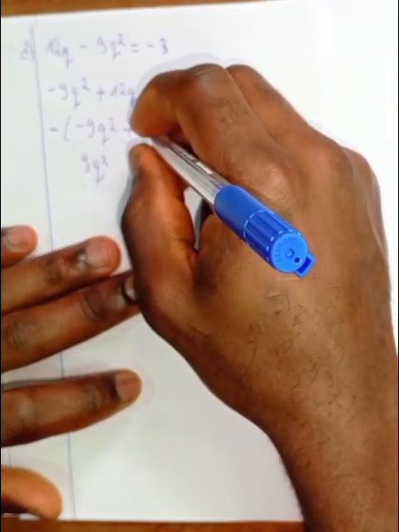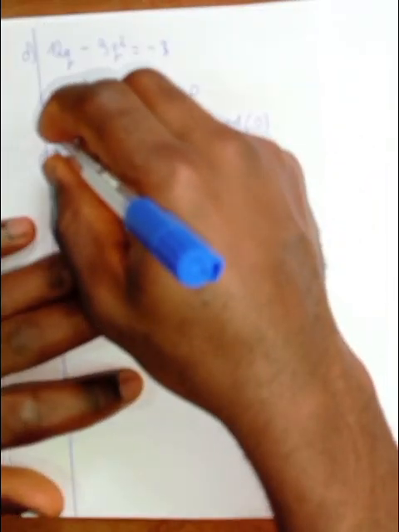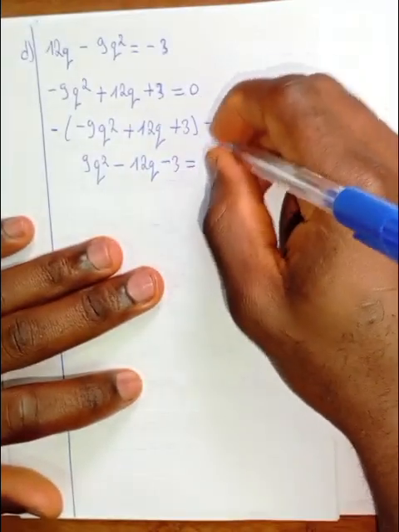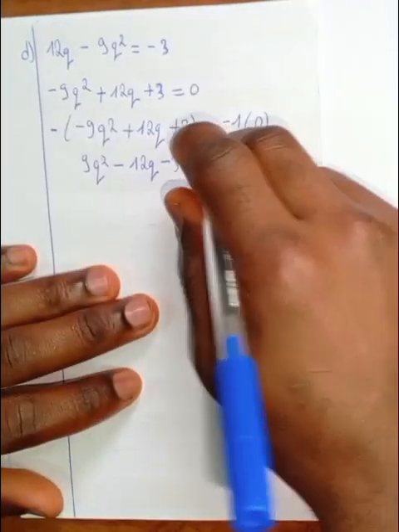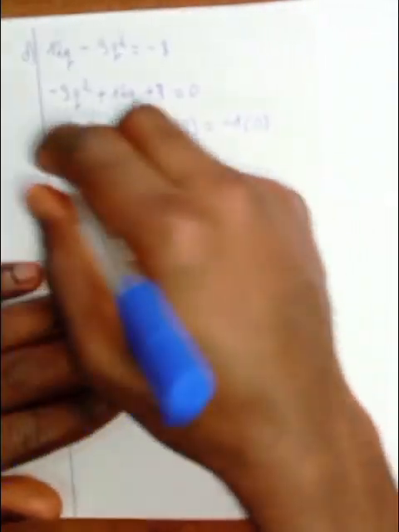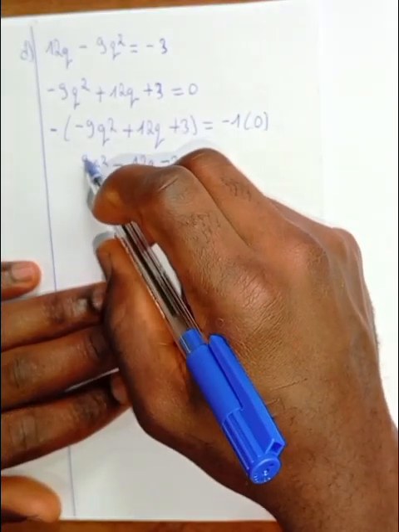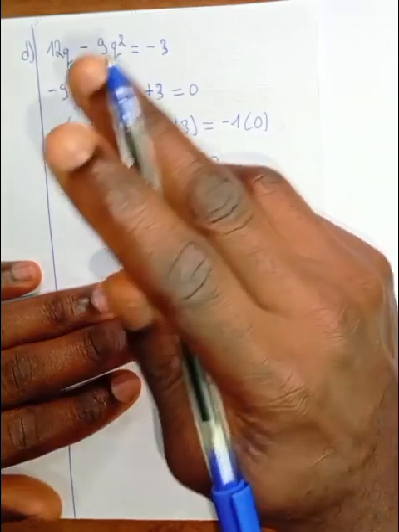Negative 1 times 12q will give us negative 12q. Negative 1 times 3 will give us negative 3 is equal to negative 1 times 0, which is 0. Here, we are going to factor out 3, because 3 is the highest common factor of 9, 12, and 3. Forget about the negative signs.